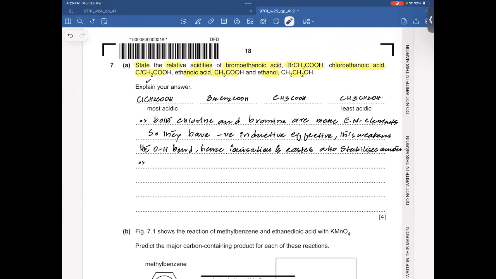Next, electron donating alkyl group is attached to carboxylic acid that has a positive inductive effect that cannot weaken the OH bond, hence ionization is not easier. Also, it destabilizes the anion.